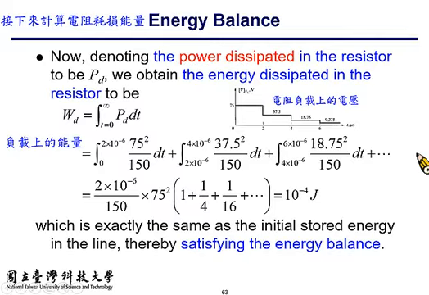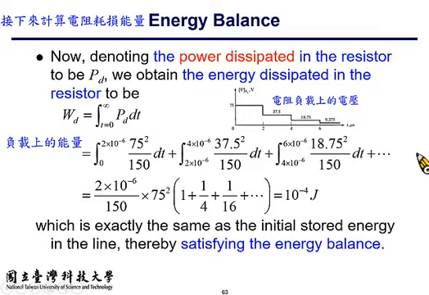And you can also calculate the energy dissipated. You see, here we have WD. D represents dissipation, power dissipation. So it can be found as an integration over time. So you have V squared over R, that is the power, and with the time integration it becomes energy.